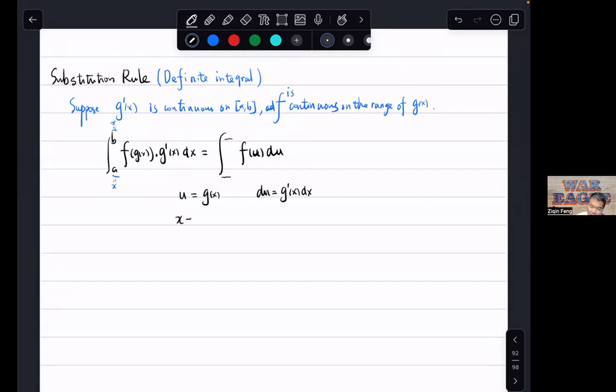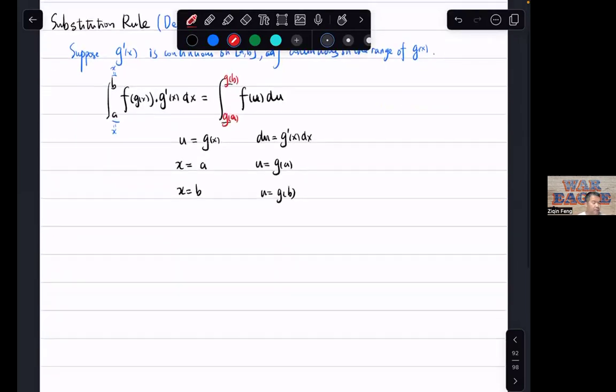When x equals a, you get u equal to g of a. When x is b, u equals g of b. So g of a and g of b are the lower bound and upper bound of this new integral.